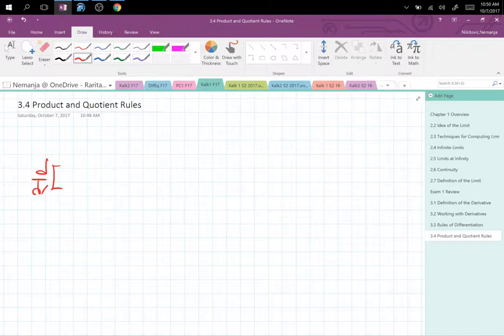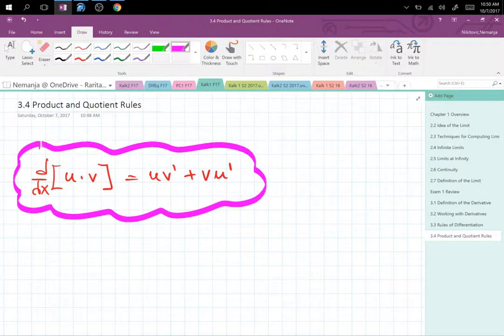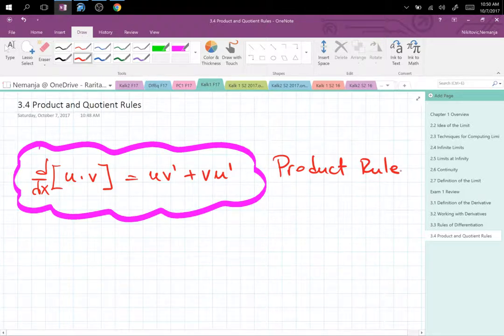The derivative of u times v, u and v being two functions like f of x and g of x, is uv prime plus vu prime. Product rule. You can prove this using the limit, right? For honors section, students are responsible for the proof.